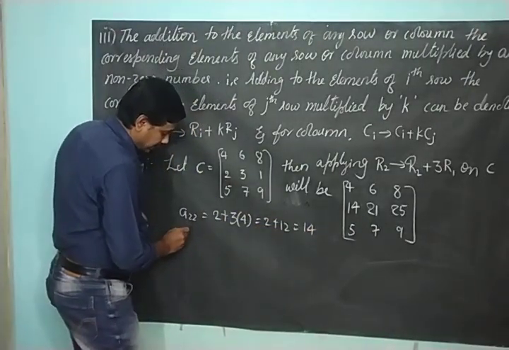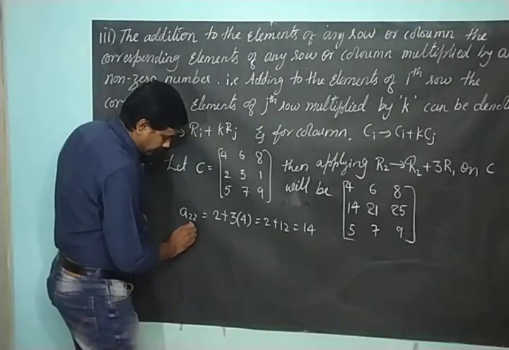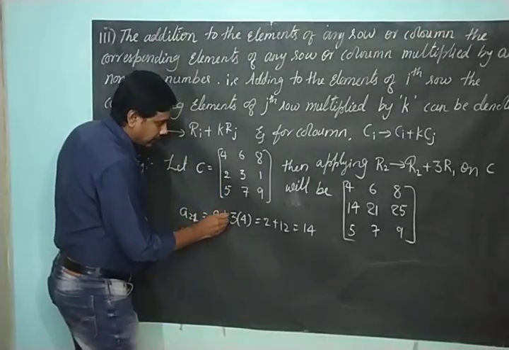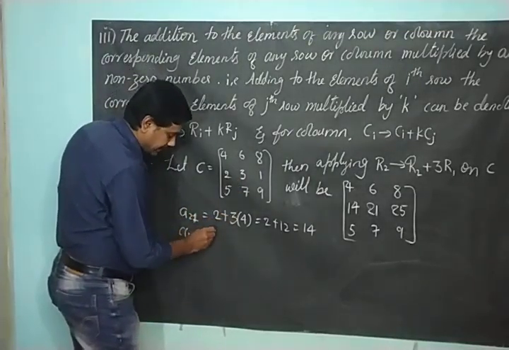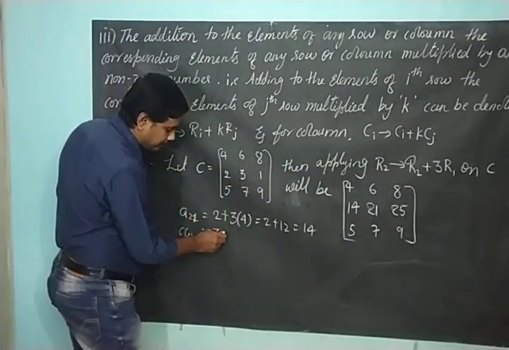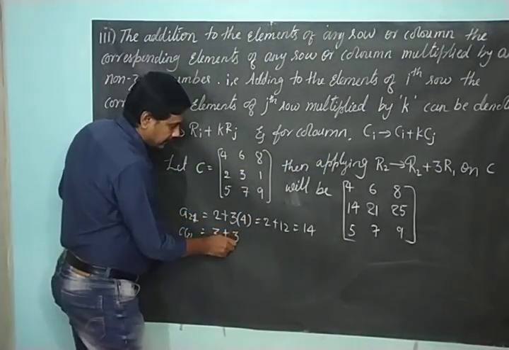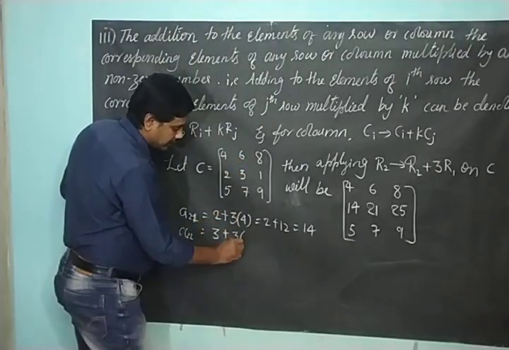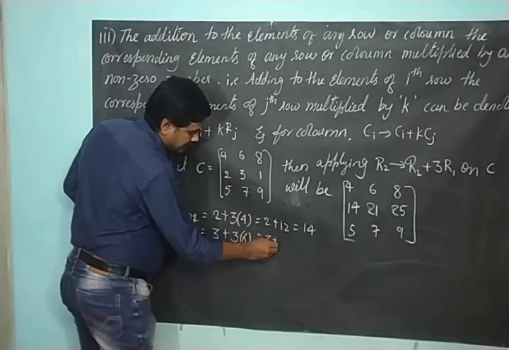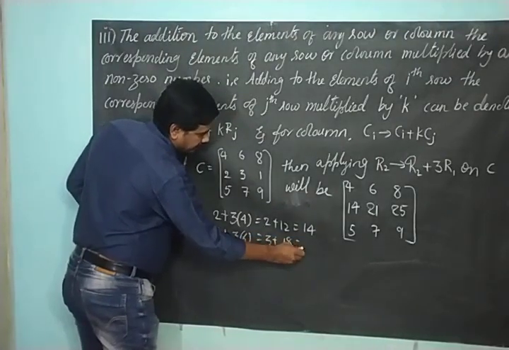Now what will be A22? This is 3 here. According to that, in R2 it is 3 plus 3 times what is in R1, 6. So this will be 3 plus 18.